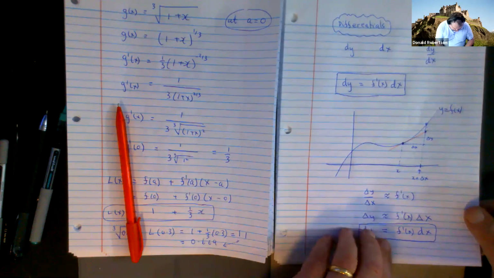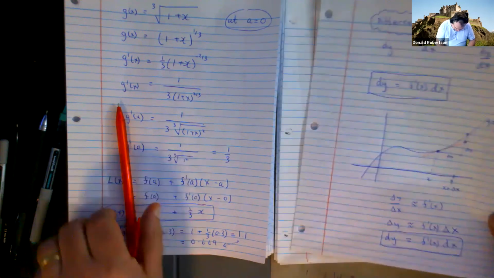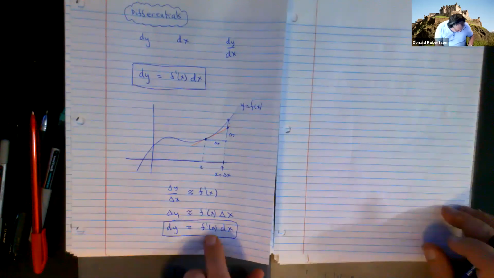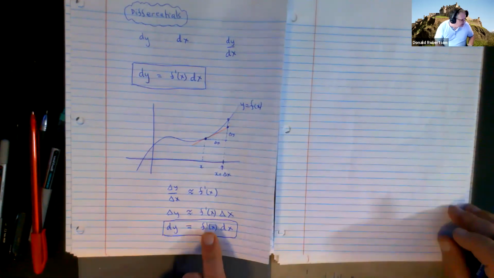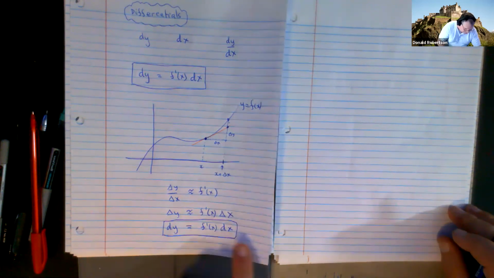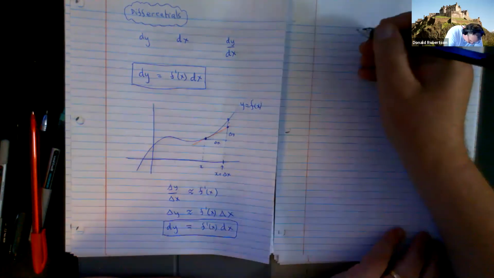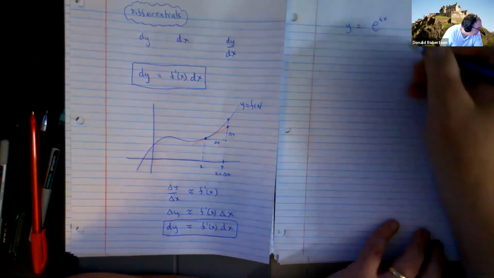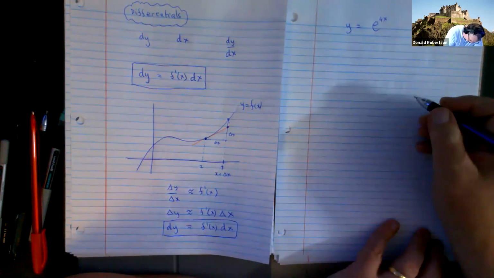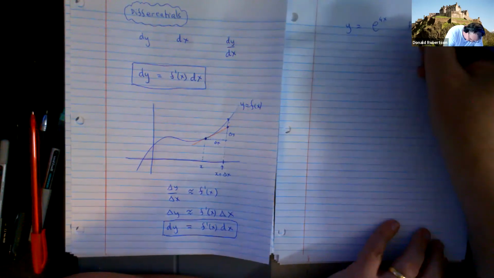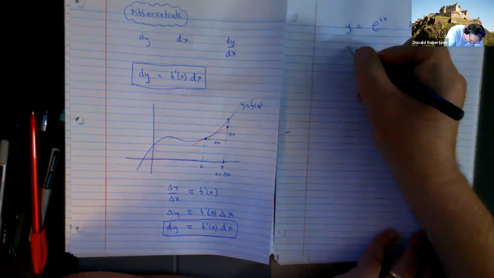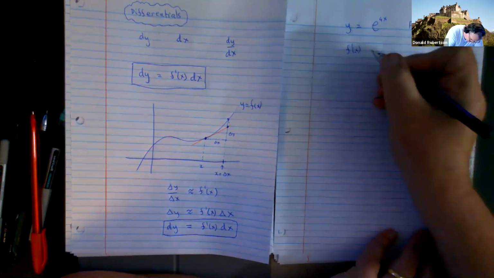So the type of questions that you're going to get are to find the differential dy. You're going to find it as a function of x, f dashed of x in this case, and a dx at the end. So suppose I give you a function like e to the 4x, and I ask you to find the differential dy. What you should do is find its derivative. I'm calling it f dashed of x.